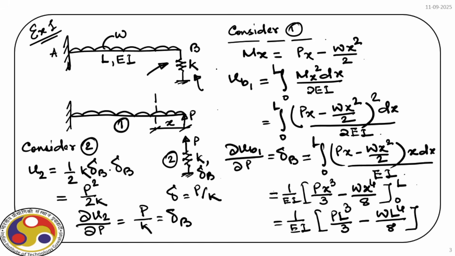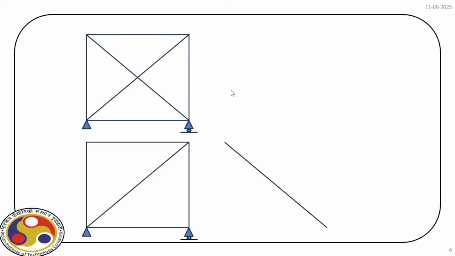Now we'll take a different problem. We can solve an indeterminate truss using the theorem of Castigliano. Let us see how we can solve this problem. So we have a truss here, and let us mark the ends. So we have A, B, C, and D. So this is our example 2 today.